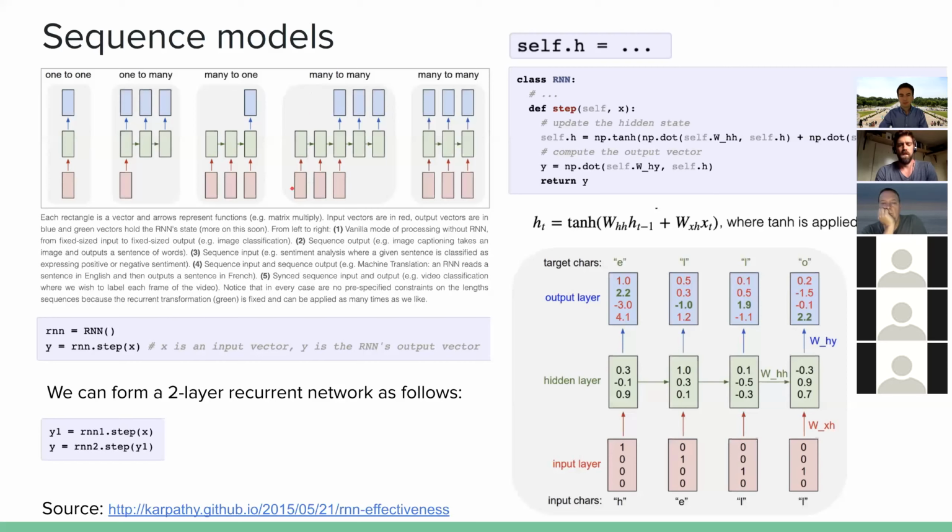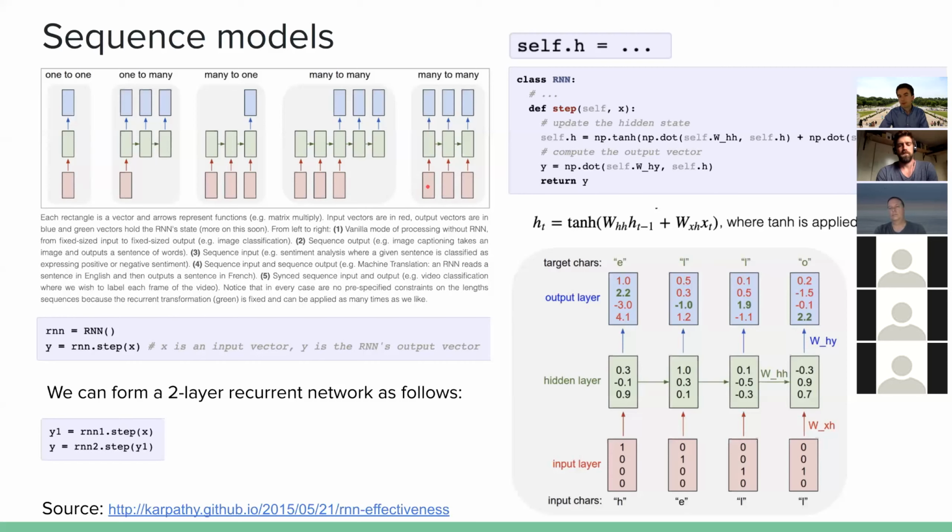You have a sentence in one language, you do your processing, and you output a sequence in another language, possibly of different lengths. They don't have to match. That's called many-to-many. When the lengths have to match exactly, that's a special case of this.